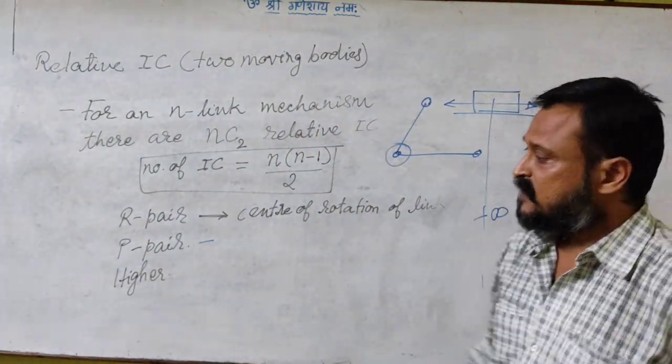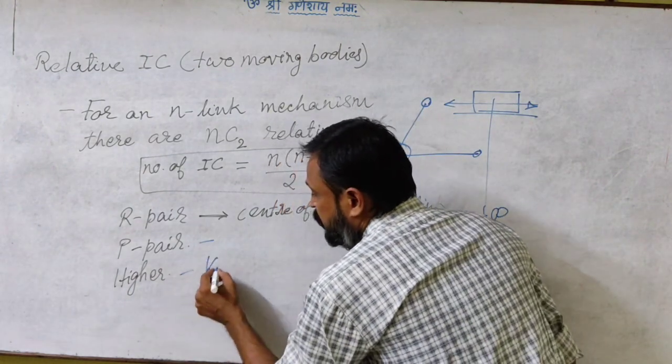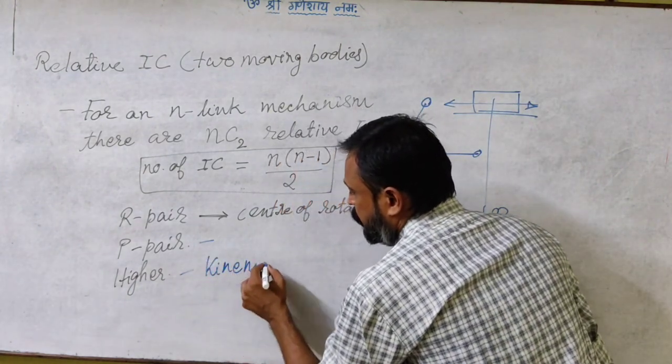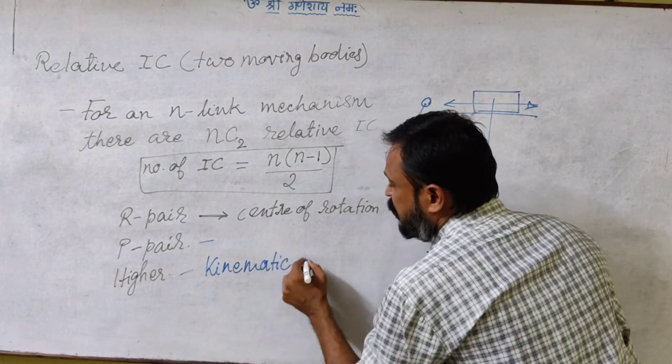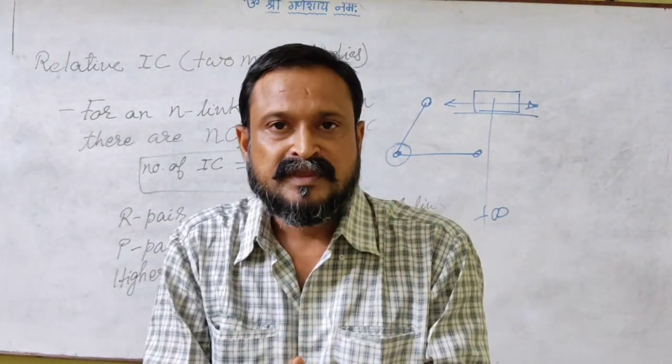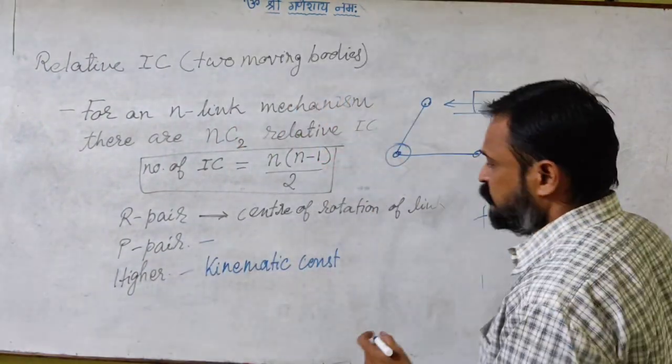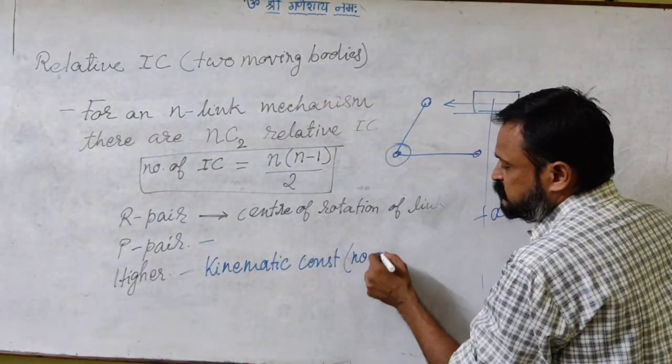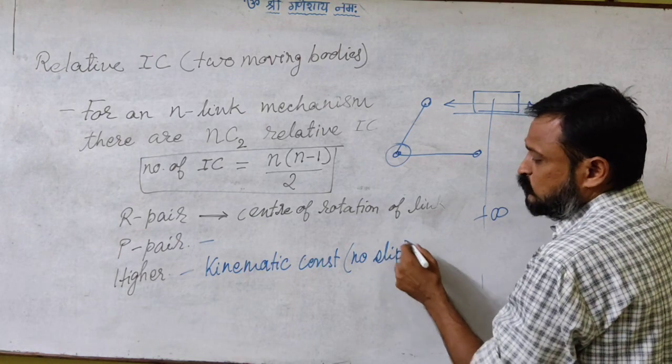And for higher pairs with kinematic constraint, say this is a rolling pair without slip. So there is no slip.